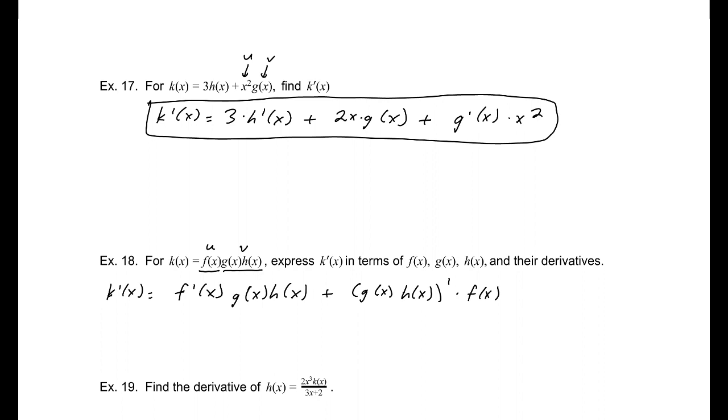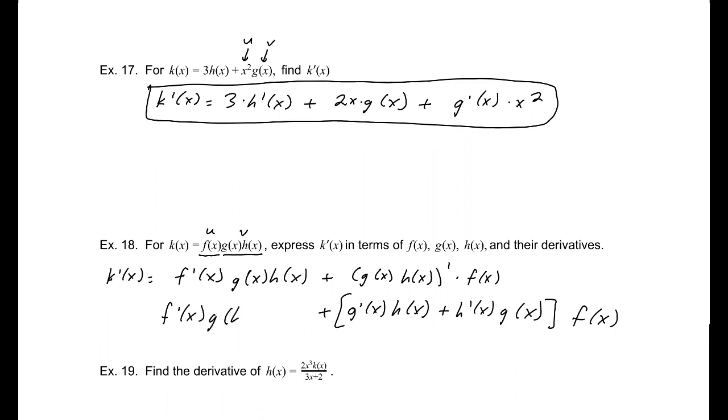Okay, well, I'm going to have to use the product rule again. Let's leave that part. That would be derivative of the first times the second plus the derivative of the second, so h prime of x, g of x, times h of x, or times f of x there.